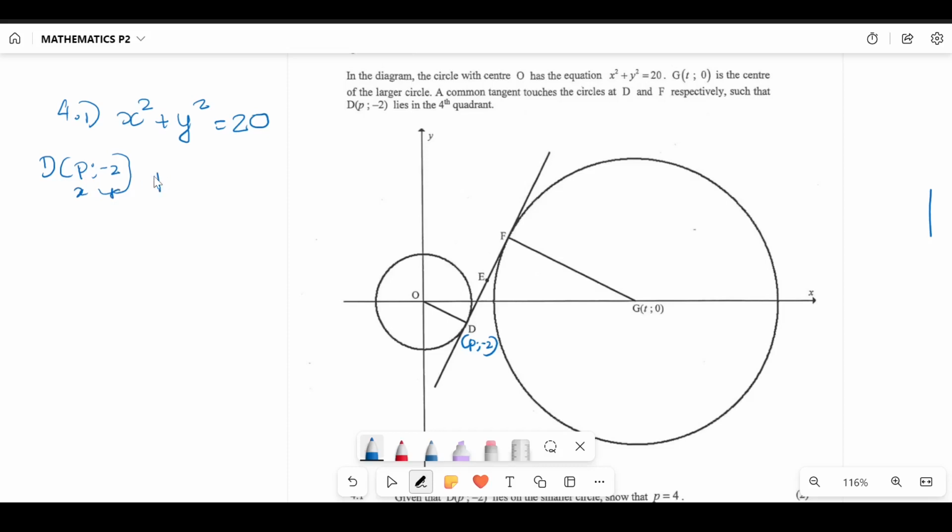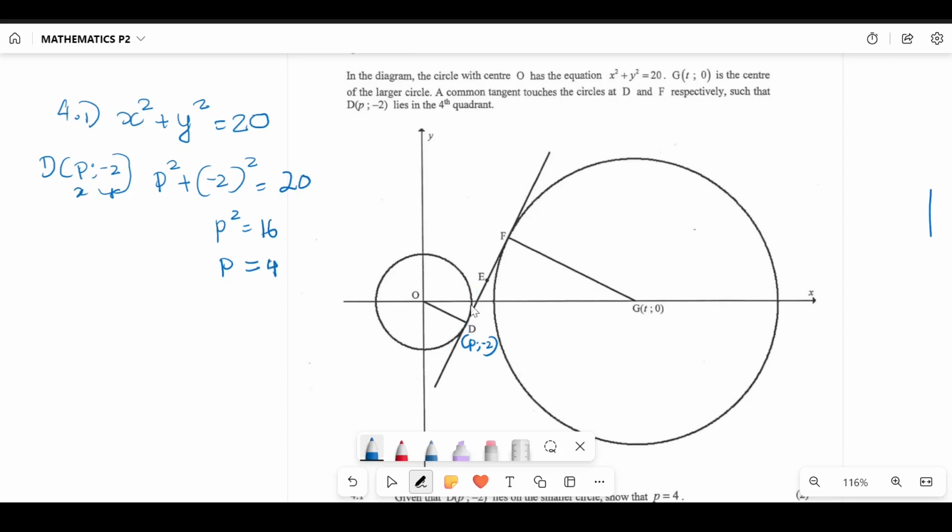That means p squared plus negative 2 squared equals 20, so p squared equals 16. Therefore p equals plus or minus 4, but because it's in the fourth quadrant, where x is positive, you choose positive 4.